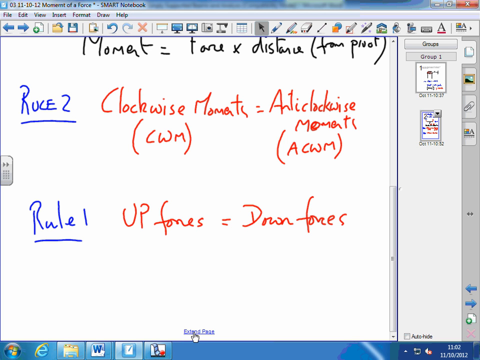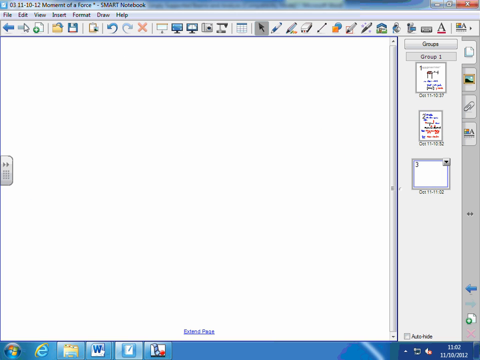So let's have a look at an example. Let's say we've got a beam, and the length of the beam is 5 meters.